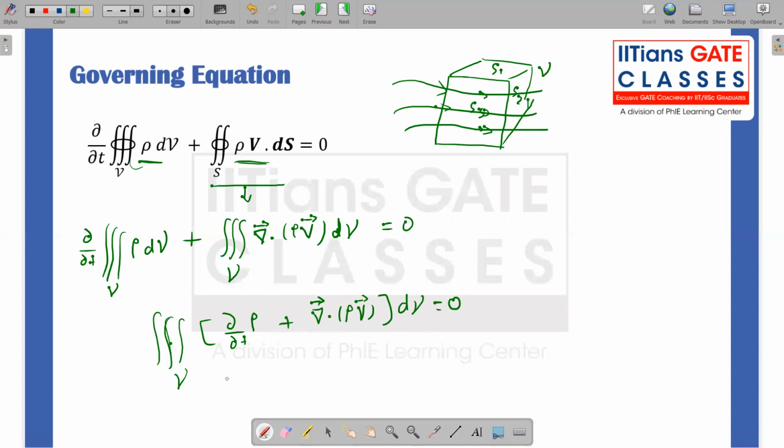Because this integral gives 0 and my finite volume of interest is not 0, the integrand should be 0. So the equation becomes dou rho by dou t plus gradient of rho V, which is equal to 0.